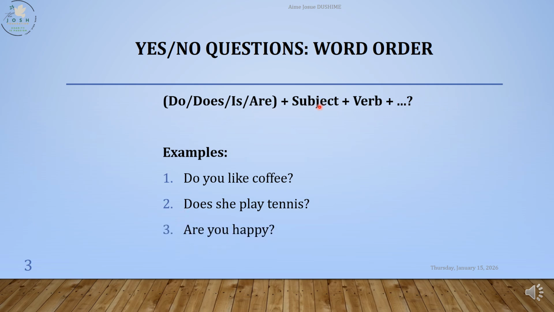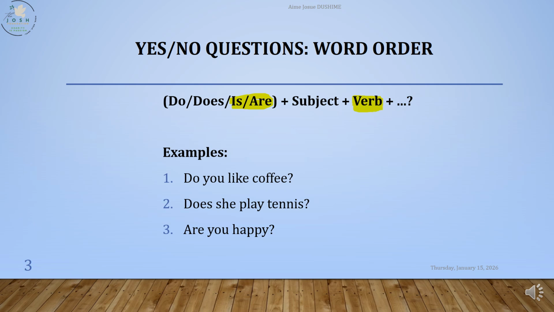Are you happy? Remember, I want to highlight something here. When we use is, are and am, in this part we don't put a verb, we put a noun or an adjective.